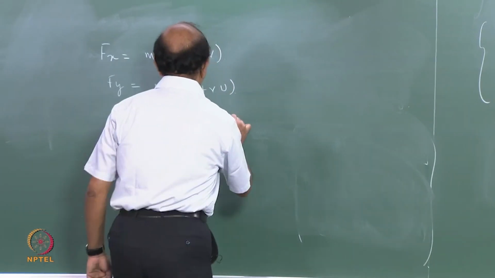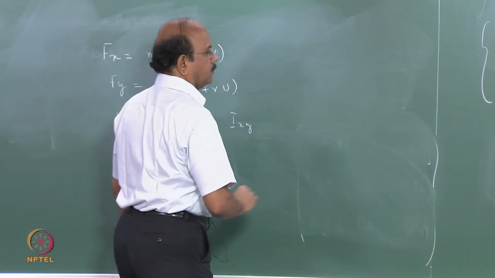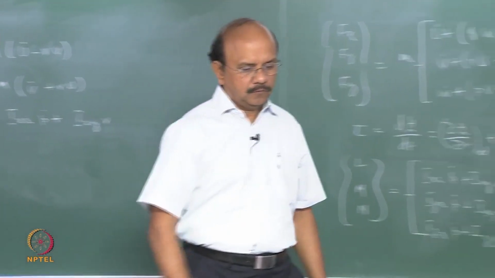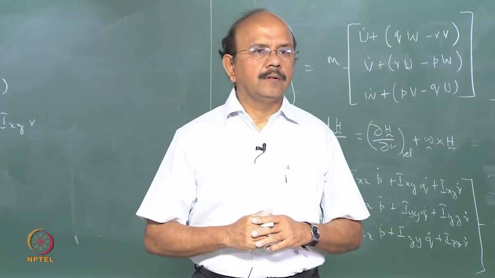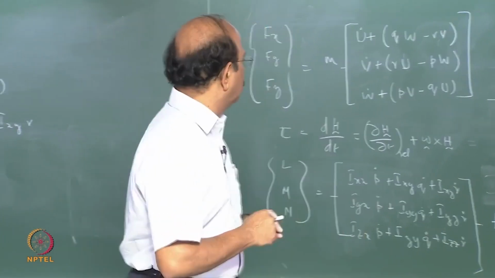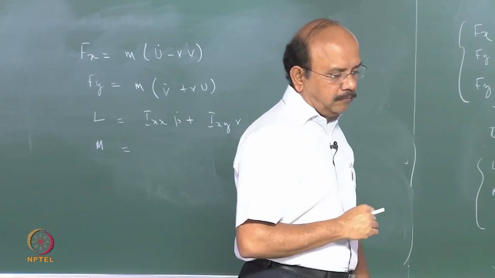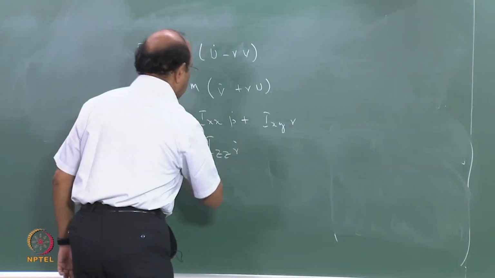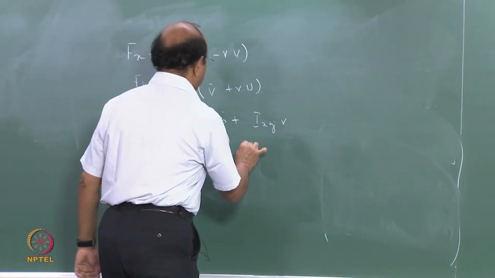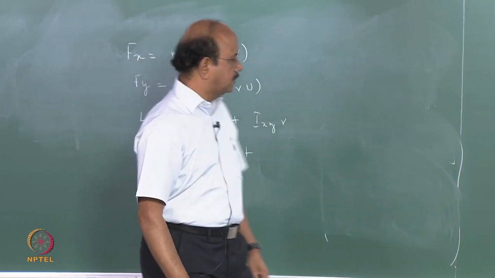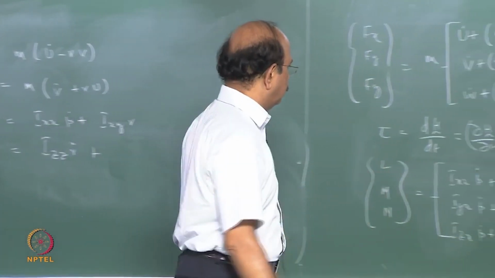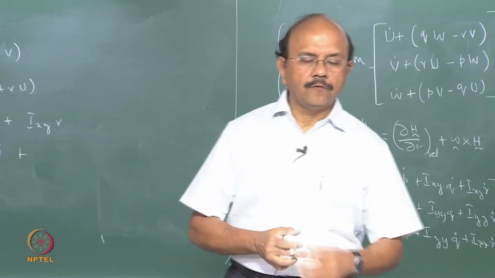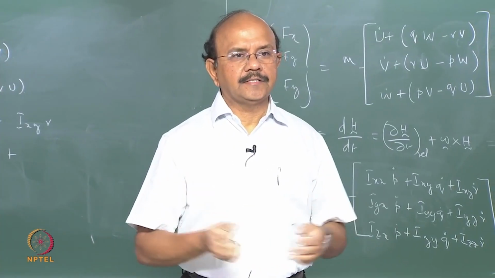So Ixz into R, okay, and so on, right? So you can write down for M, R dot again, plus the last is this term. What we have is here. The other terms, because of symmetry, go off, plus Izx into P.